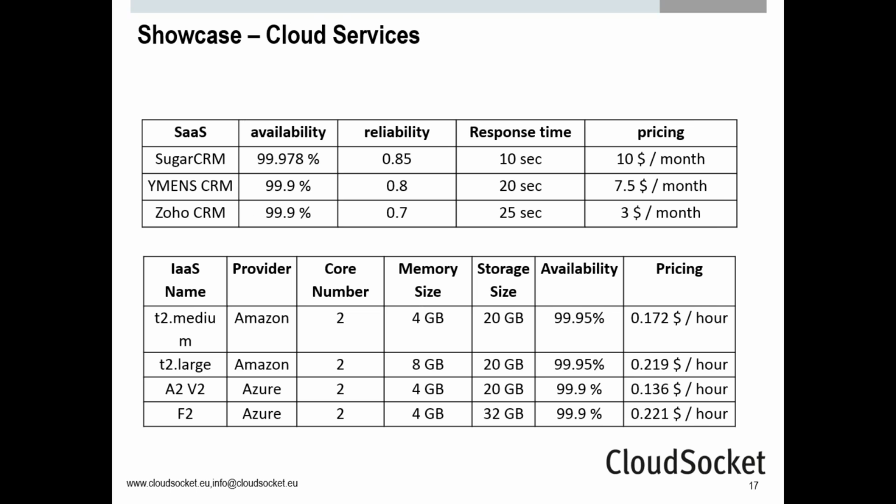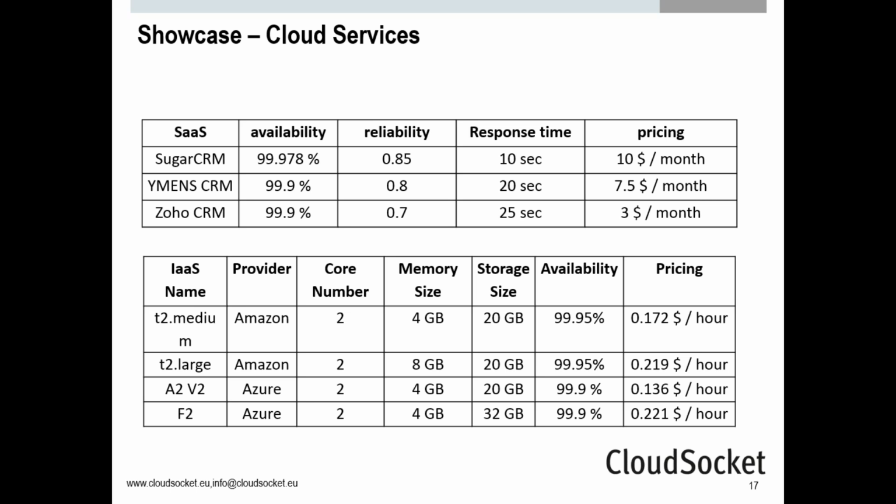Now, consider that we have some particular offerings at the SaaS and IaaS level that are able to realize and support the functionality of the send invoice BPaaS. You can see in the top table that 3 SaaS services are able to satisfy the functionality of the CRM service, and they are ordered according to service level.